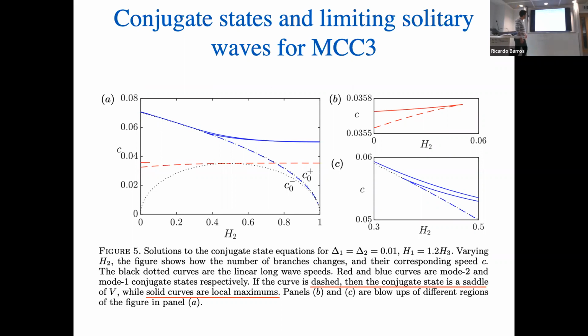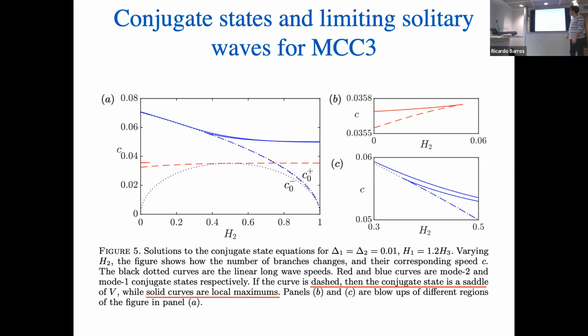First of all, this is H2 scaled by the total depth. If the intermediate layer has a thickness lower than this value, you should expect one conjugate state for the first baroclinic wave, which probably corresponds to uniqueness of solutions.